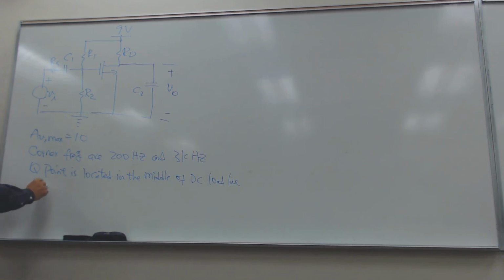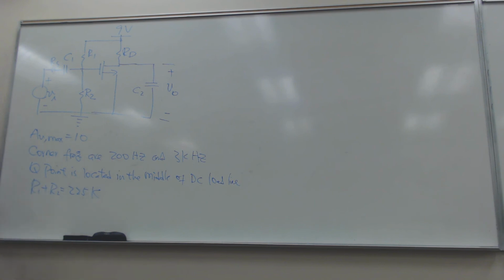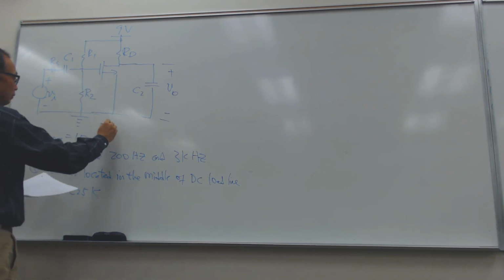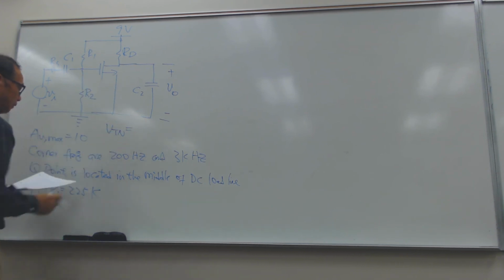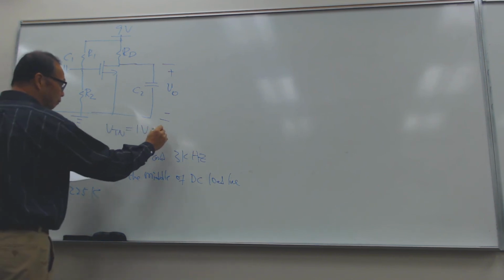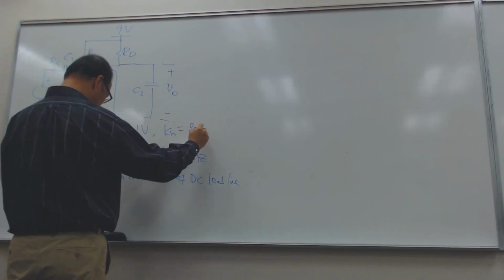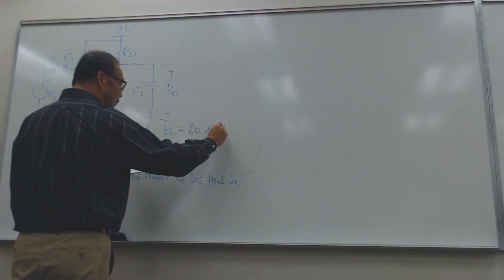So R1 plus R2 is 225K. Okay, that's what we know. We also know VTN, the threshold voltage of the MOSFET, is 1 volt. Kn is 80 microamp per volt squared.